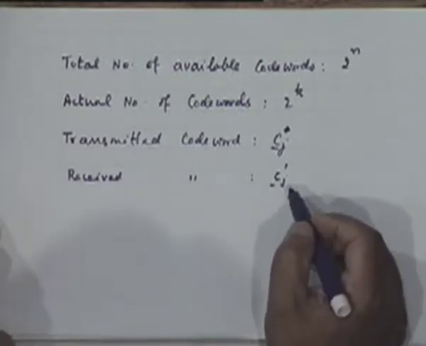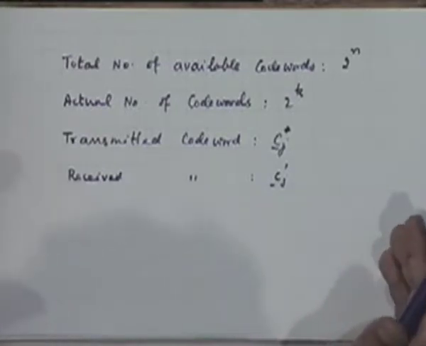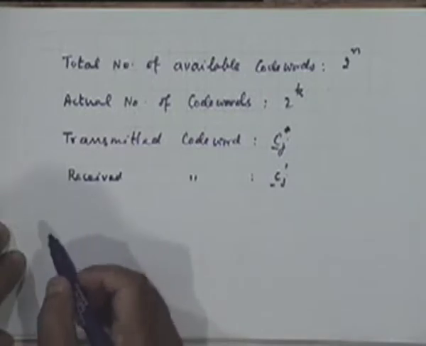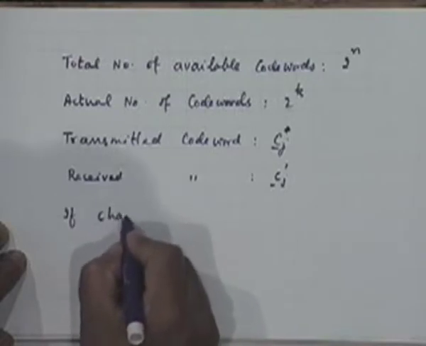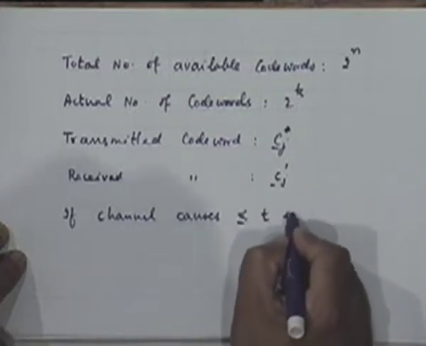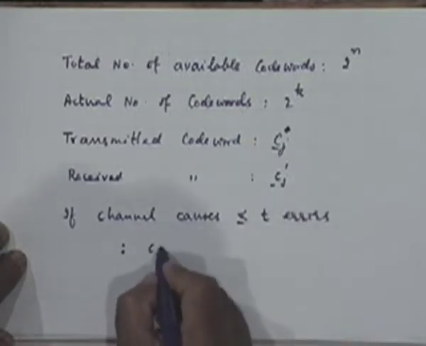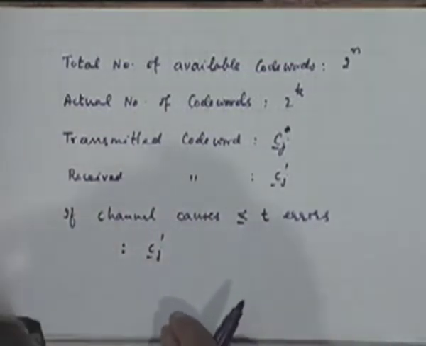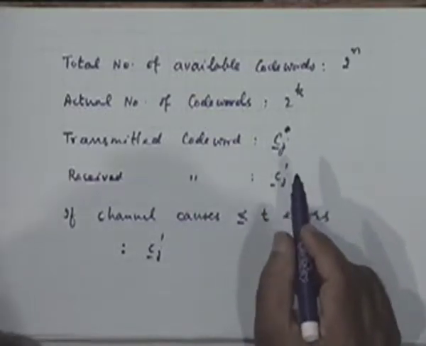What we now have is a situation where we have agreed that we can expect up to a certain number t of errors in Cj prime with respect to Cj. Okay. So if the channel causes less than or equal to t errors, it implies that our Cj prime will lie within the Hamming sphere of radius t around the transmitted code vertex Cj.